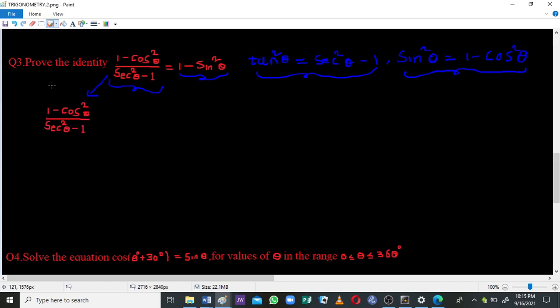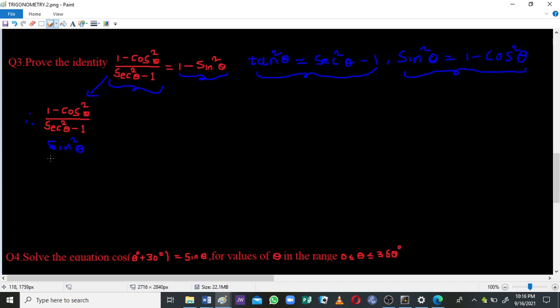Now we can solve. So we are going to substitute. Remember 1 minus cos squared theta is the same as sin squared theta, right? So we are going to substitute the top part by sine squared theta.